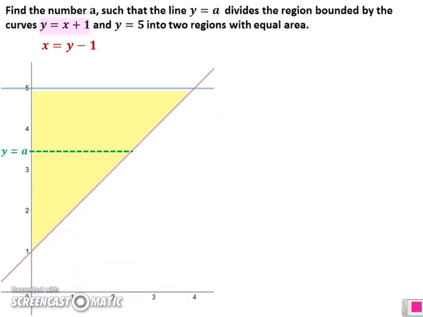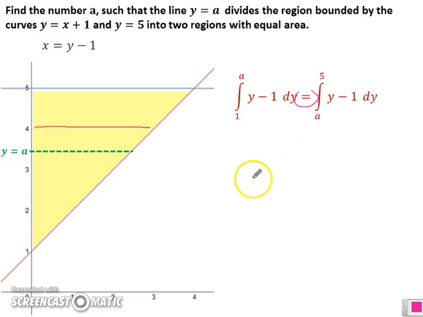So let's clean this page up a little bit. And the next piece is actually the identical shape. I mean, sorry, I don't want to say shape because I'm saying triangle and trapezoid here, so you can see the difference between the two pieces that we're trying to make equal. But they're both the same integral because we're trying to get the area between the y-axis and this line right here.